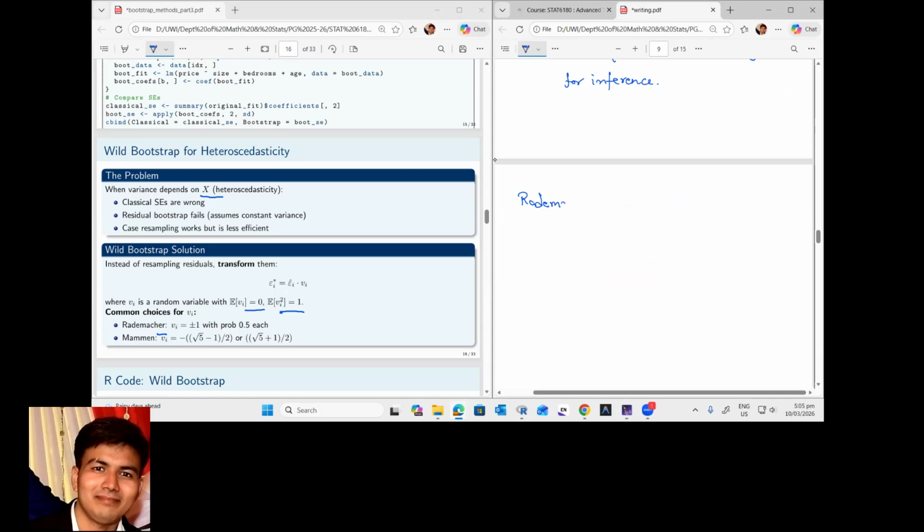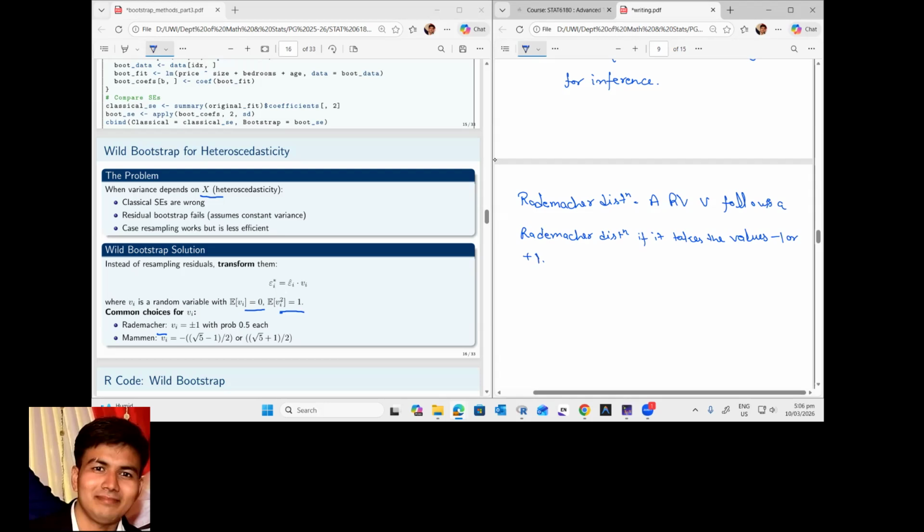A random variable v follows a Rademacher distribution if it takes the values -1 or +1.